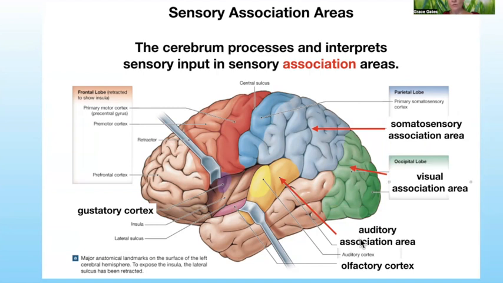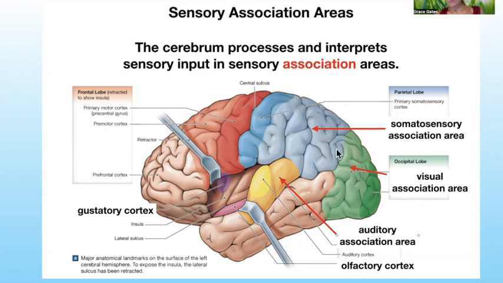The auditory cortex has an auditory association area. And then the olfactory cortex and the gustatory cortex association areas exist, but they're actually more complicated to discuss. So never mind.